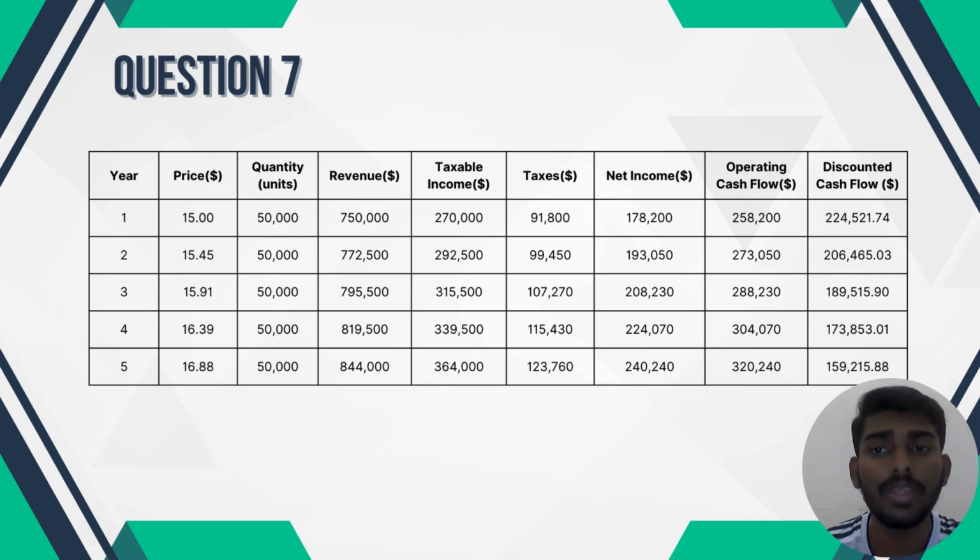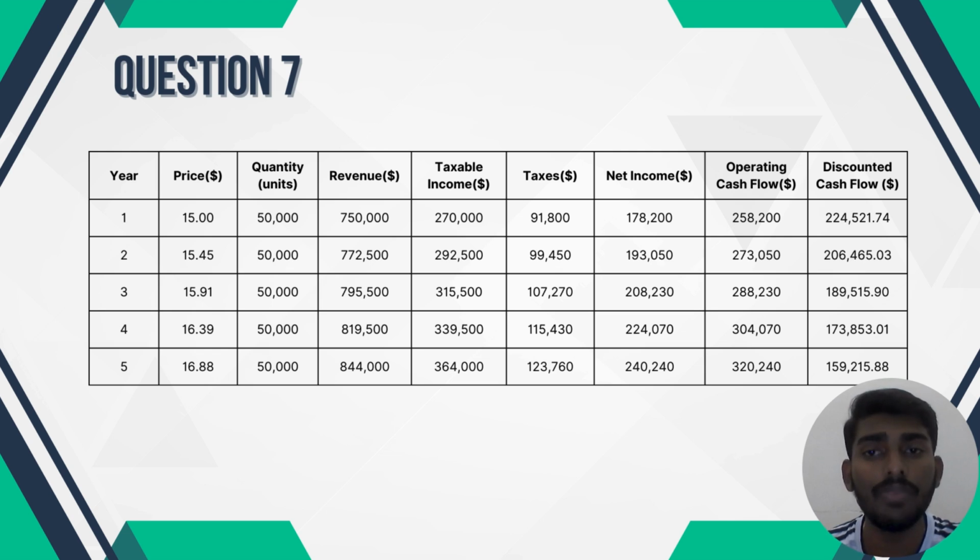For year 1, 15 times 50,000 equals 750,000. The second year is 772,500. The third year is 795,500. The fourth year is 819,500. The fifth year is 844,000.